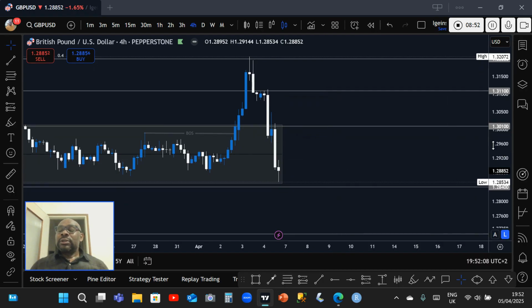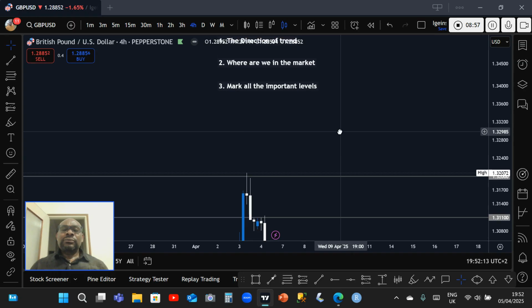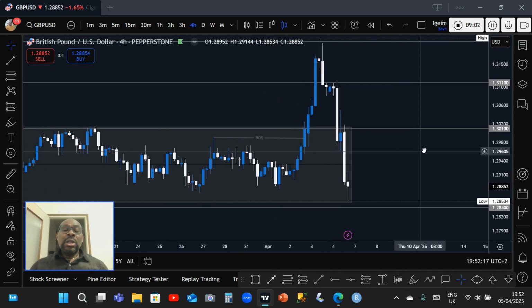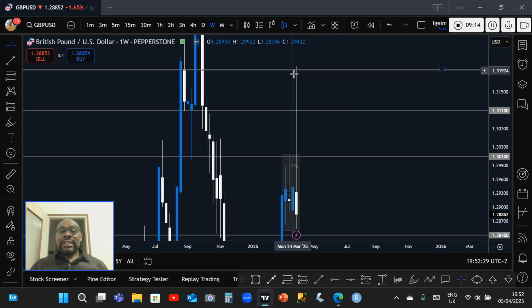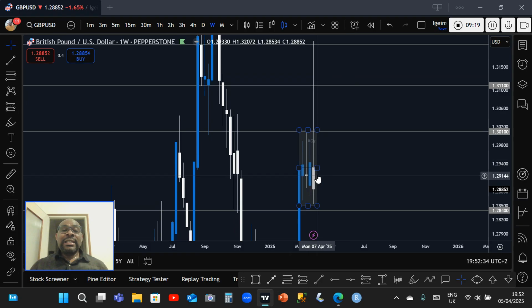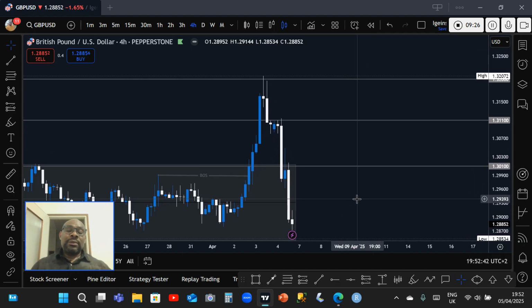So at this point, since we have marked all our levels and we know where we are, we've been bullish, but what is happening presently is that we are pushing to the downside. If you go to your weekly, you discover that it's just a retracement. It's the retracement here that is giving us this trend to the downside. Okay, this is a tip.